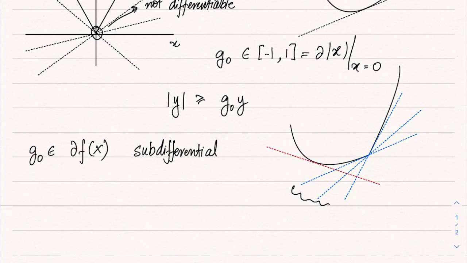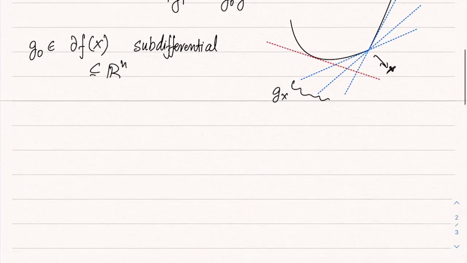But in general, subdifferential is a set in Rn. So this is a subset of Rn. And if you want to choose a subgradient, you can just pick any point from this subdifferential. So any point from this subdifferential is the subgradient of f. Right? So these are all g(x), and this is the point x where the function is differentiable.